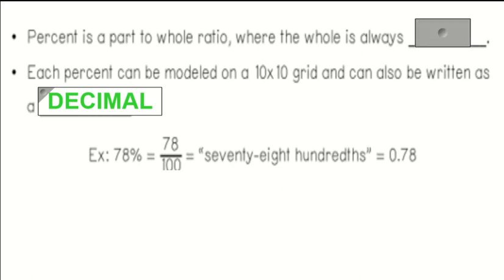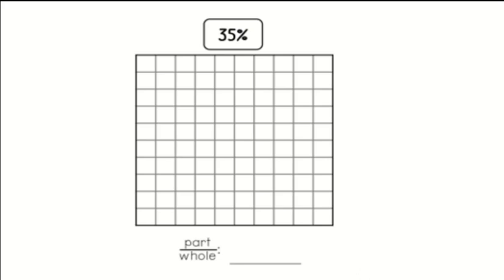All right, so if you look at those little square grids in the middle of your sheet, I'm not going to do all three of them or anything, but what it's talking about is if we take a 10 by 10 grid, that gives us 100 squares. So a percent, 35%, is going to fill in 35 of those squares.